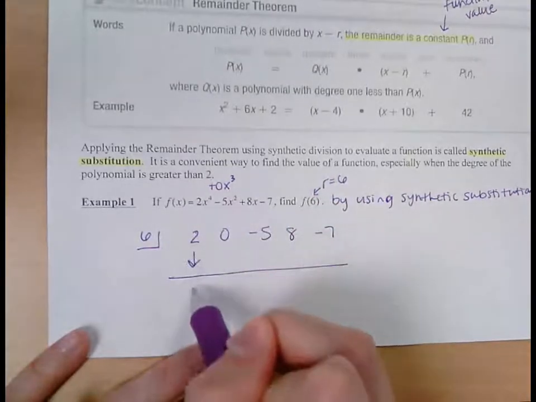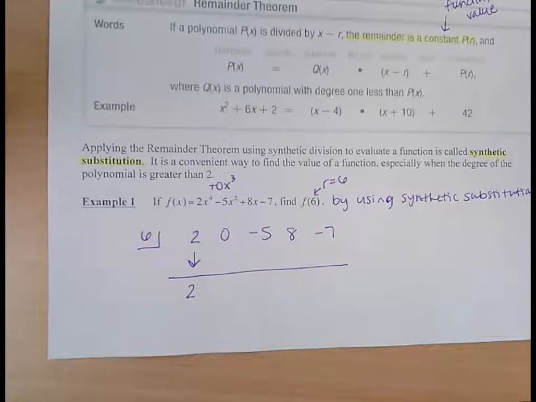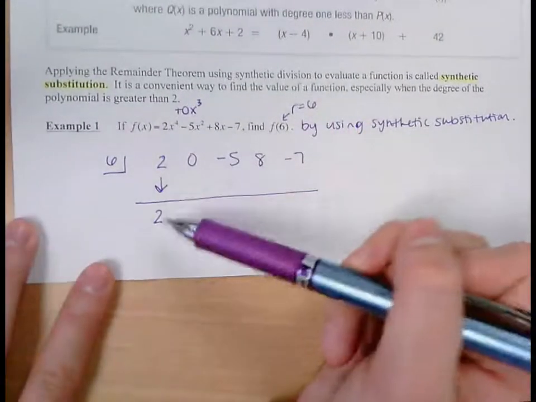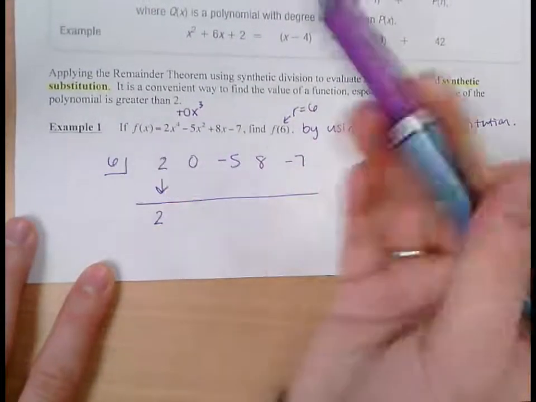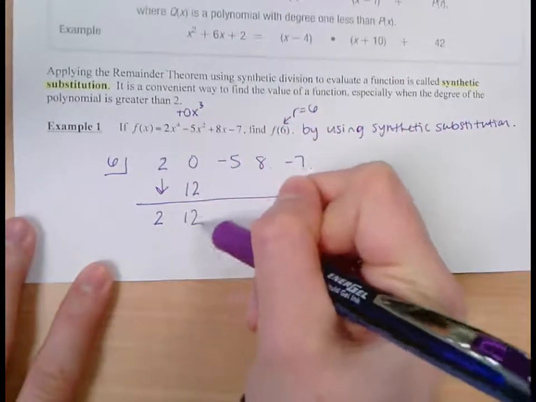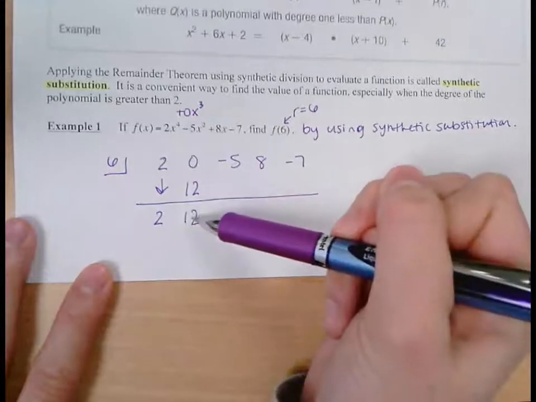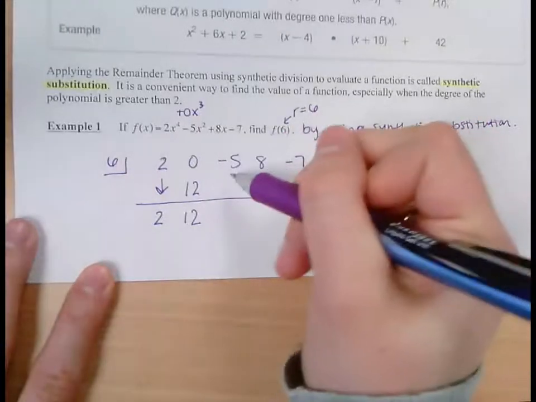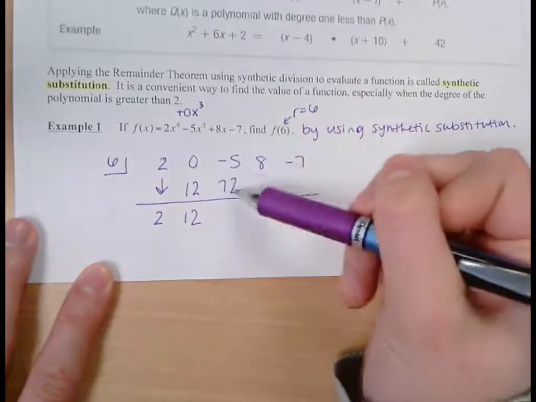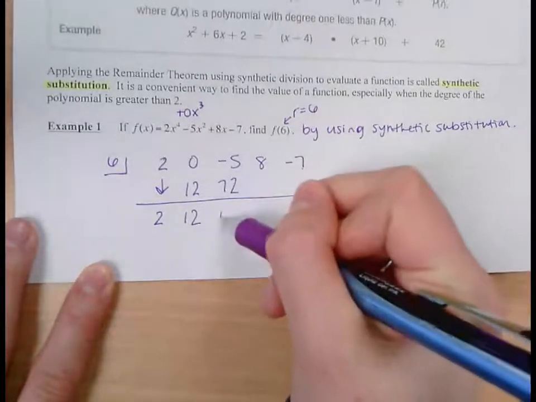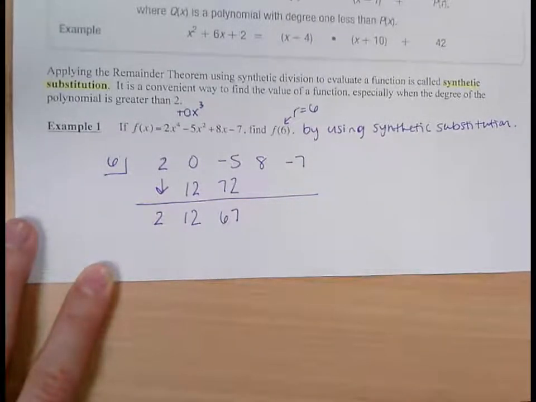And then I can bring down the first coefficient and go through the synthetic division process. So multiply 2 by 6, and that's 12. Add it to 0, that's still 12. Then 12 times 6 is 72, plus negative 5 is 67.